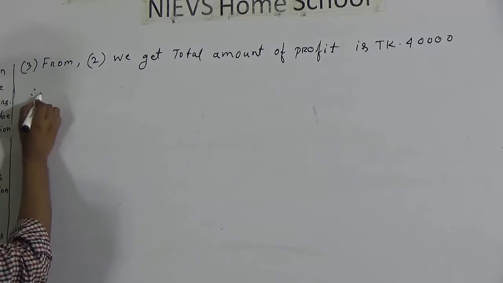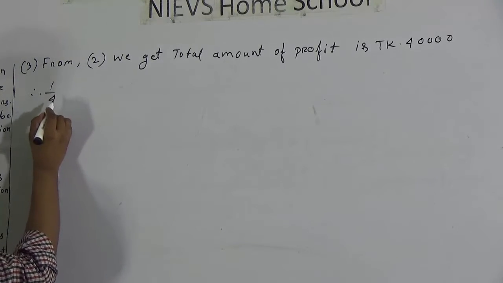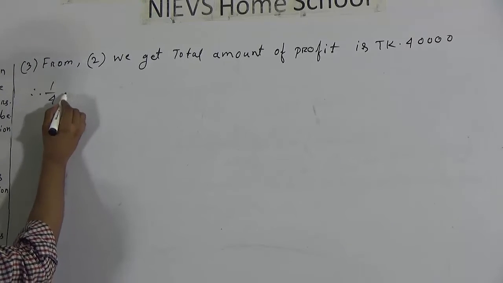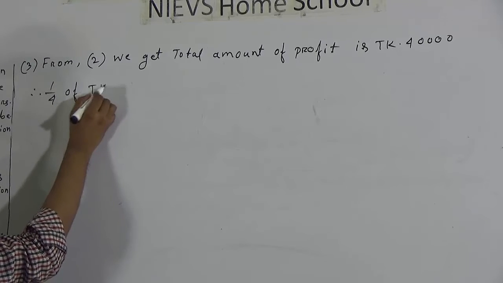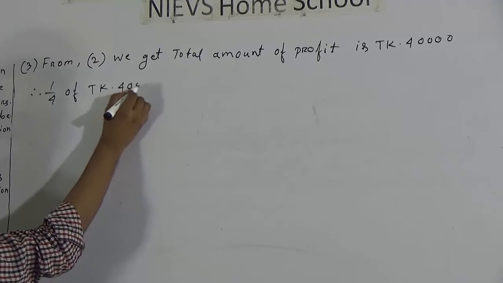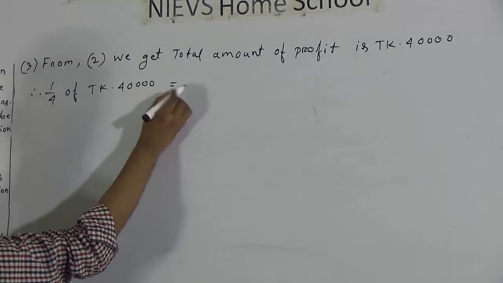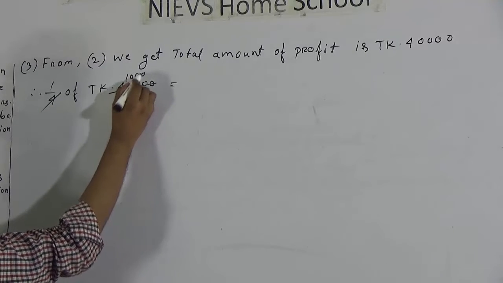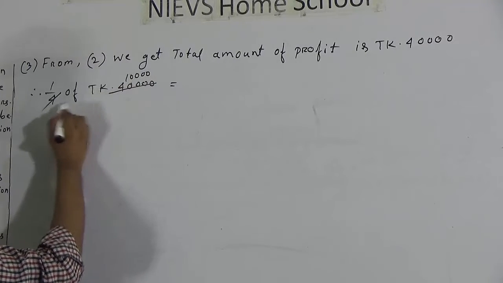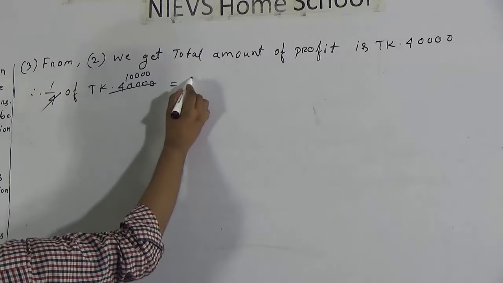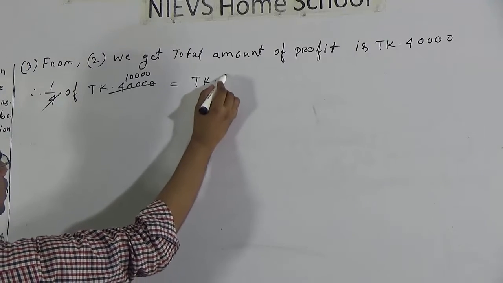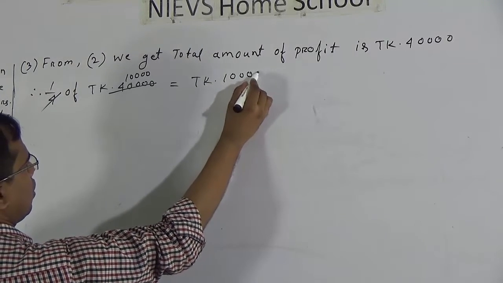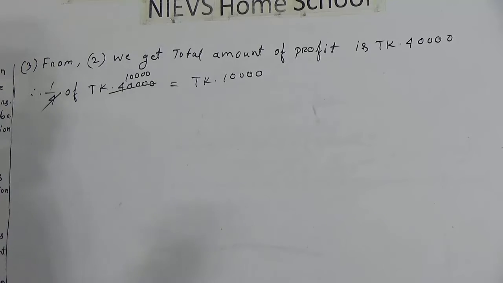Now 1/4 of TK 40,000. This is equal to what? It will be 4 tens are 40, 10,000. Then if we multiply 10,000 with 1, then it will be TK 10,000. There, TK 10,000. Now we will find out rest of the money.